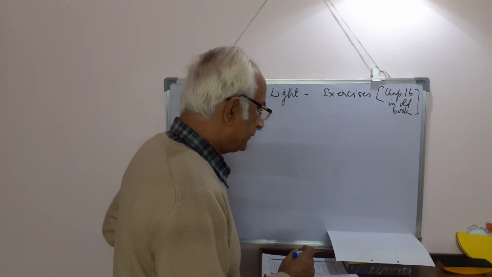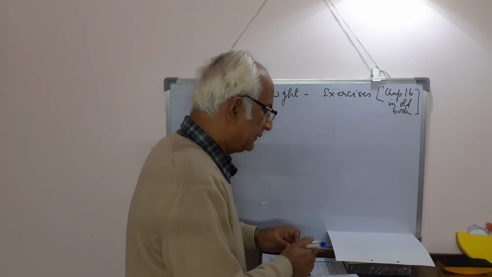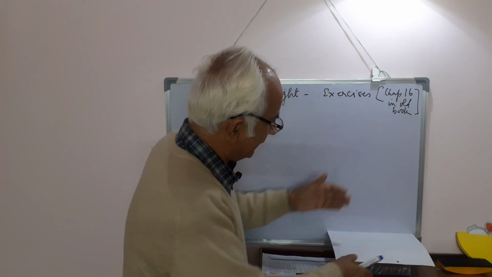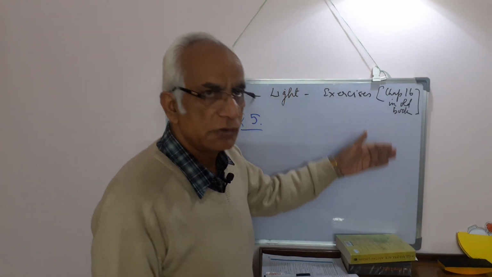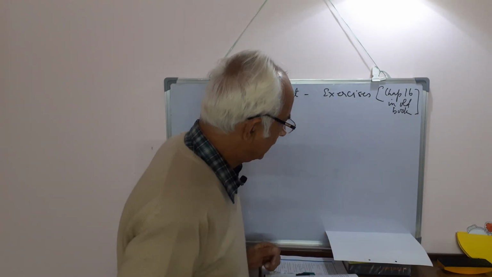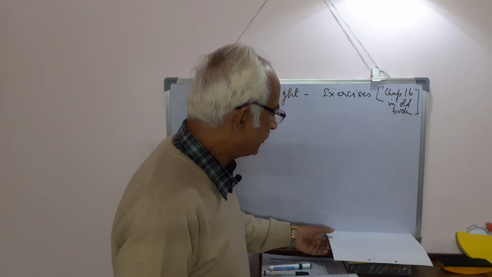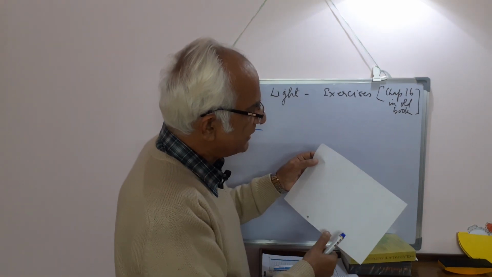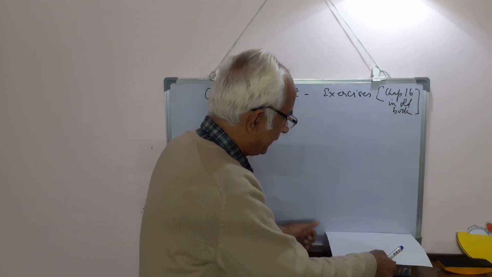For example, if we assume that this is a mirror, and we place a sheet of paper near the mirror, and we draw a line which is at right angle to the mirror.